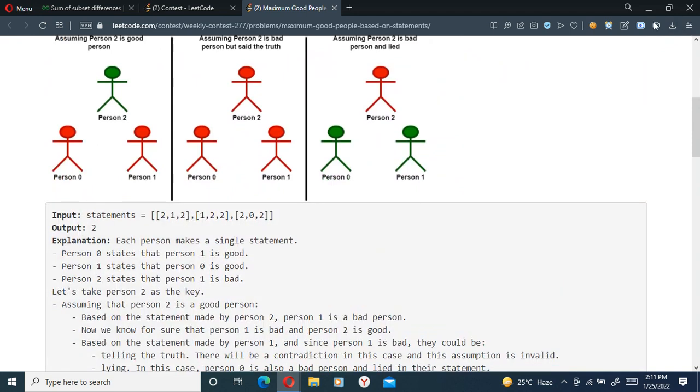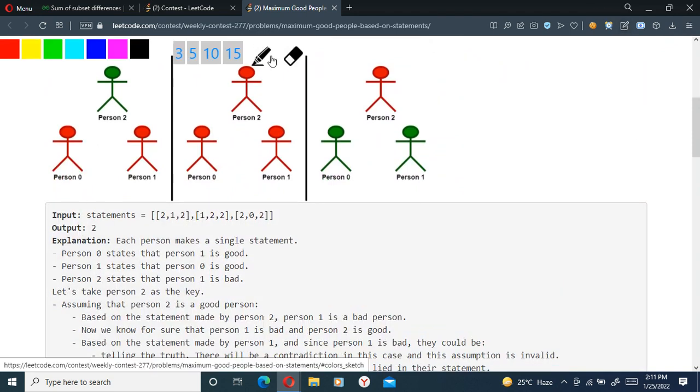There are three persons, that is 0, 1 and 2. Zeroth person, first person, second person. The zeroth person is telling that the zeroth person is no statement. The first person is a good person.